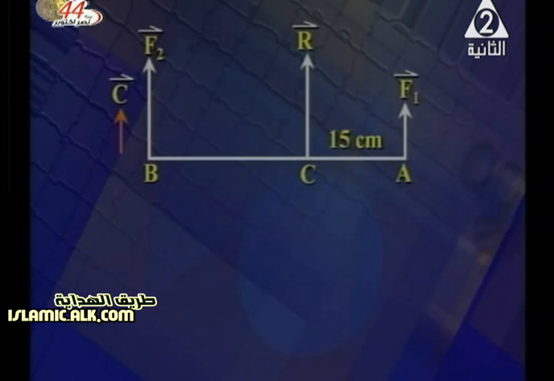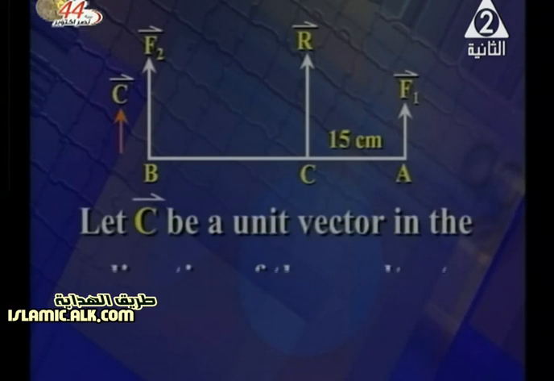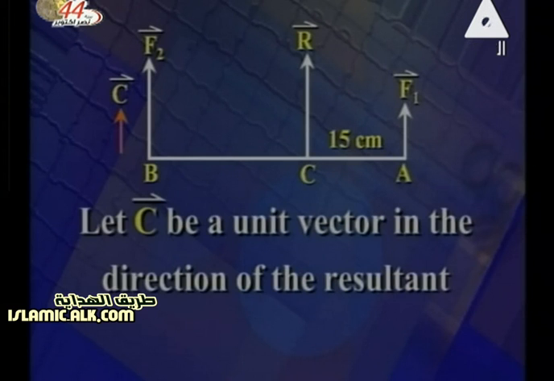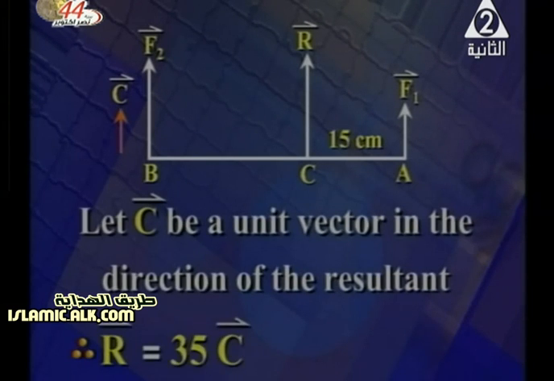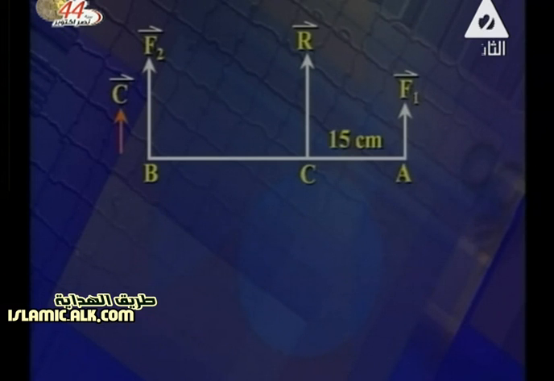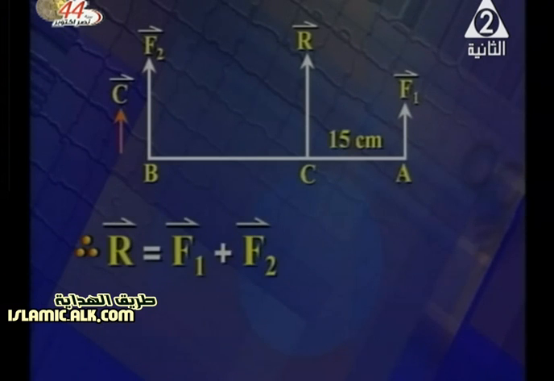Look at F1, F2 in the same direction, and R acts at point C such that AC equals 15 centimeters. Let C be the unit vector in the direction of the resultant. R equals 35C, given F1 equals 20C. To find the unknown, R equals F1 plus F2.